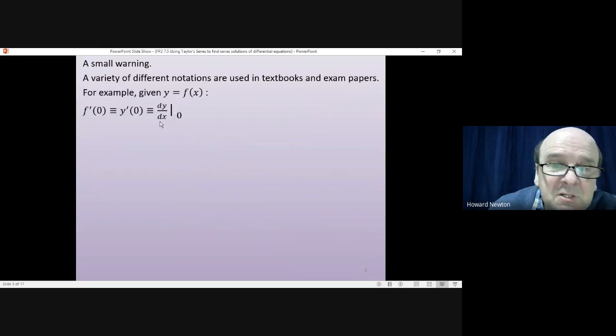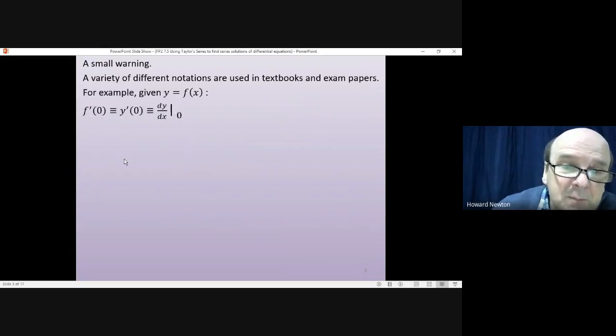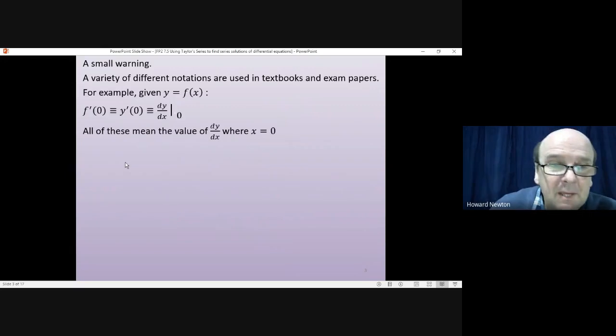This last notation is used in the textbook for the course, if you've got it. You'll notice that I tend to use these first two. Now, all three things mean exactly the same thing. They all mean the value of dy by dx, the first differential, when x is equal to 0.